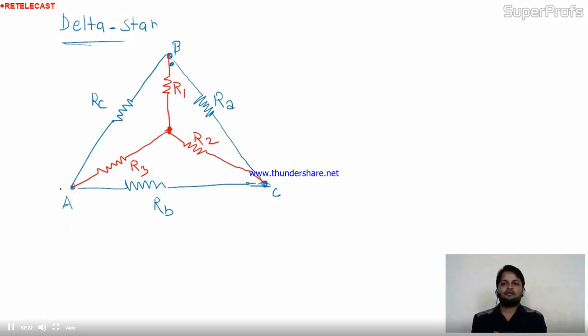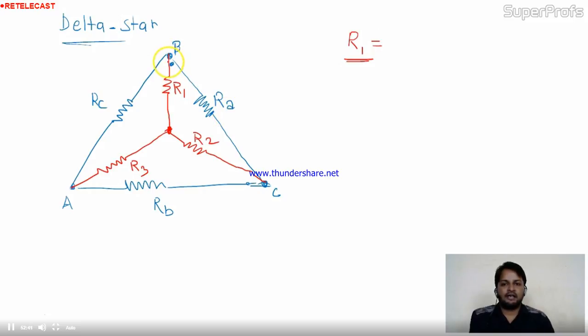Now, if you want to convert the delta into equivalent star, you should have the values of star parameters in the form of delta parameters. Means you need to calculate now the value of R1. So R1 should be in the form of delta parameters.